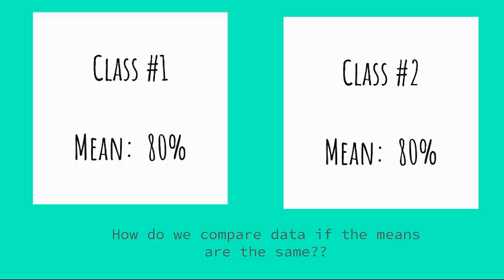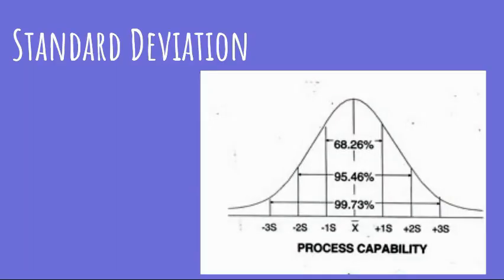There's another piece of data that could give me an idea of the difference between how class 1 versus class 2 is performing. And that's through a number called the standard deviation. Your standard deviation tells you how far spread your data is from the mean.